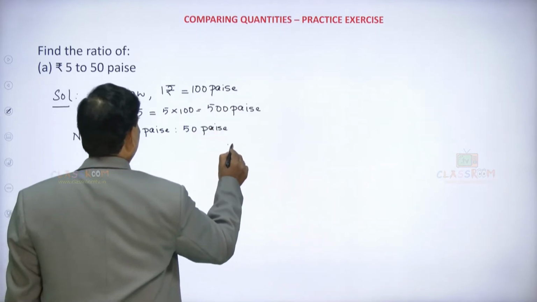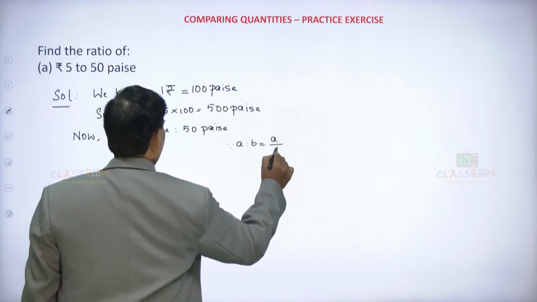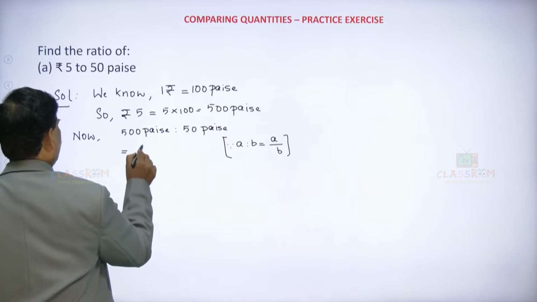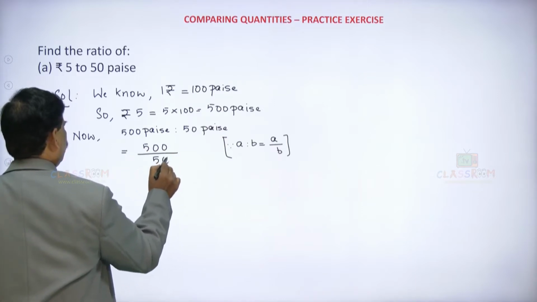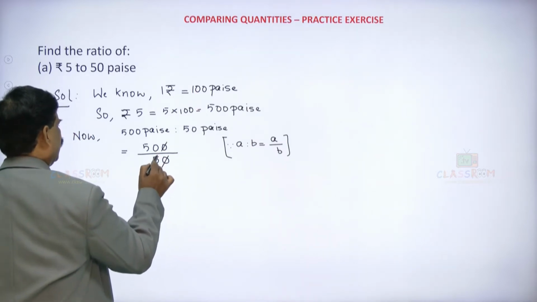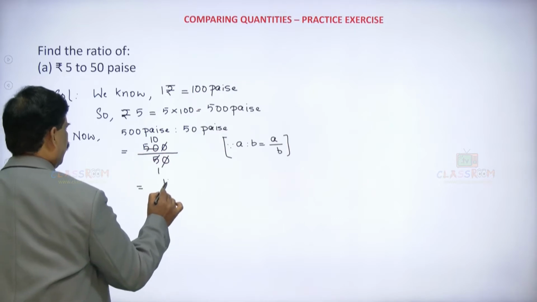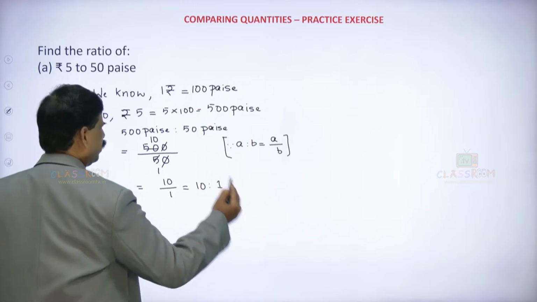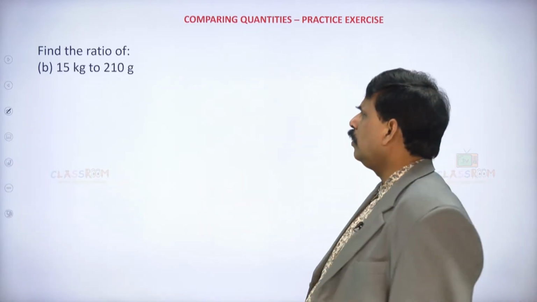We know actually A is to B, we can write it as A by B. So this can be written as, both are in same units, so just ignore the units, 500 by 50. 0, 0 get cancelled. 5 ones are 5, 5 tens are 50. So this will be 10 upon 1, that is equal to 10 is to 1. Clear? That's the problem. See the next one now.